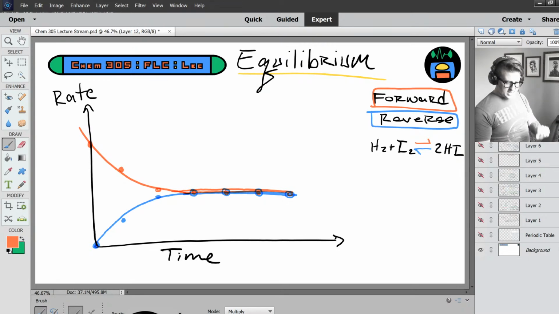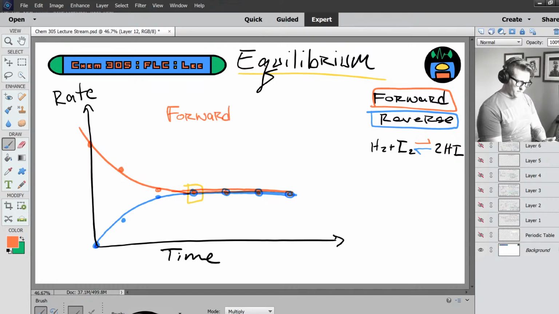And once they hit this spot, where the rate of the forward reaction, where the forward rate is equal to the reverse rate, this is what we call chemical equilibrium.